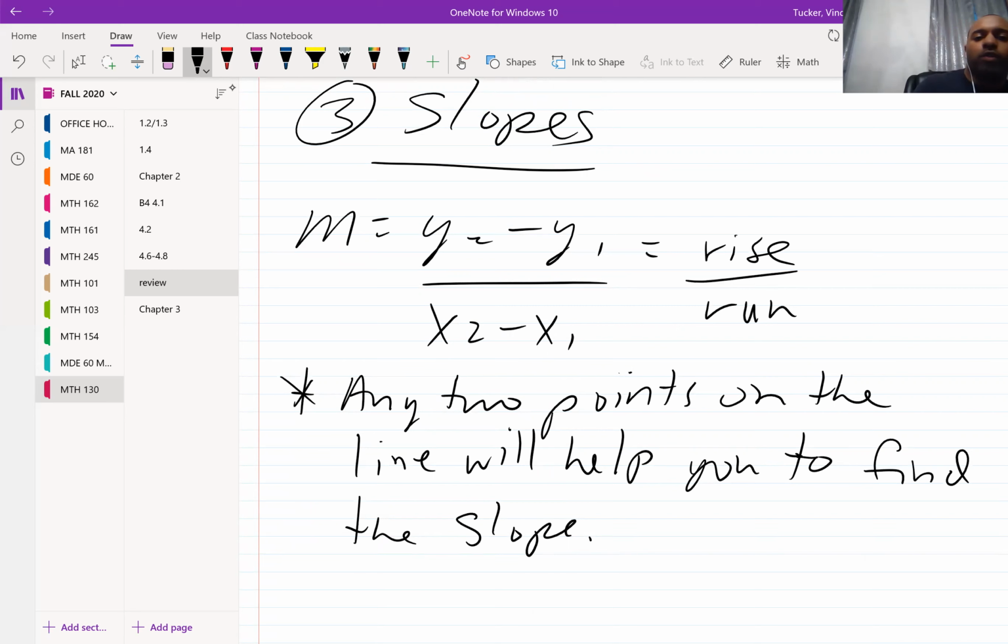Also, it's rise over run, which is the other part of the relationship of your slope that will help you to be able to graph.